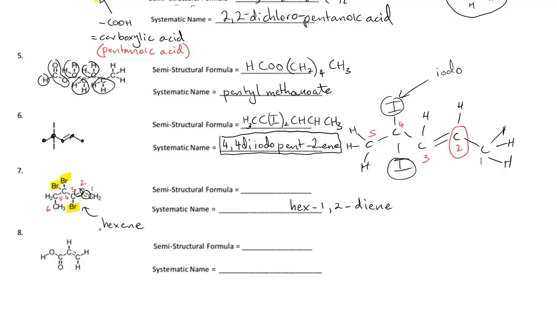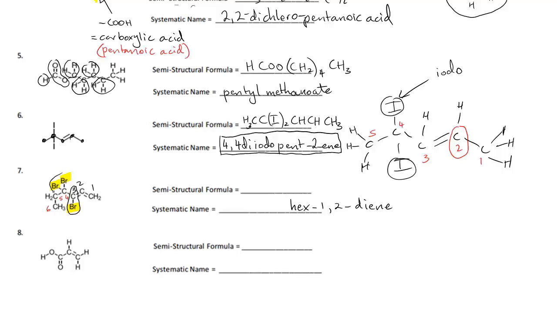And then you need to also provide the functional groups once you've done that. So the functional group there is a bromo functional group on carbon number 3.